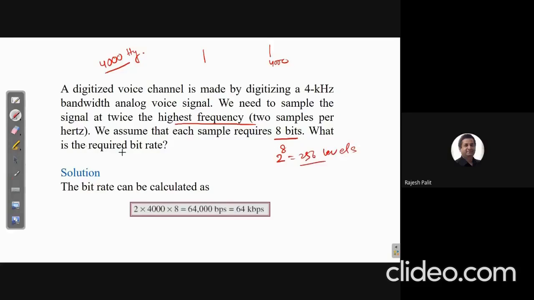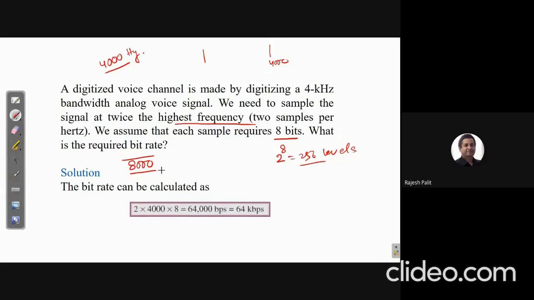What is the required bit rate? The sampling rate is 8,000, which means per second there will be 8,000 samples.